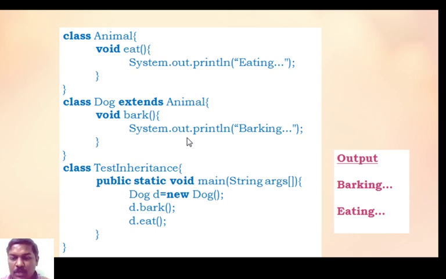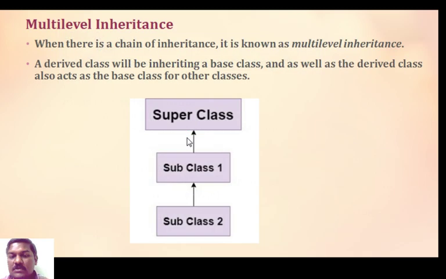Now we move on to the next concept called multi-level inheritance. See, multi-level in the sense we have a chain of inheritance concepts. Chain of inheritance means along with single inheritance, we can add one more subclass.